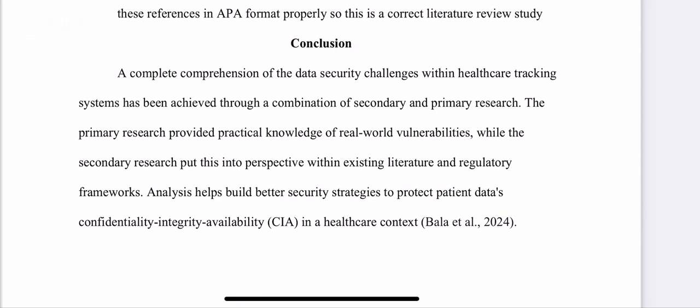Conclusion: a complete comprehension of data security challenges within healthcare tracking systems has been achieved through a combination of secondary and primary research.